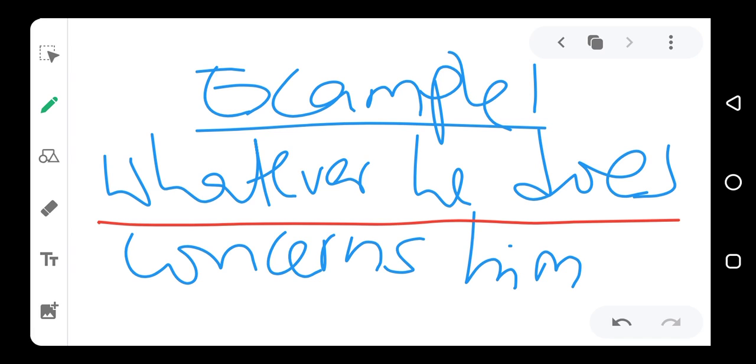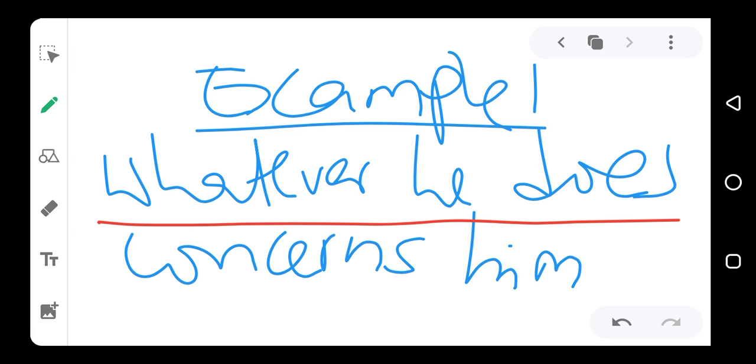So looking at the words, it has he, which is a subject, and does, which is a verb. So it is a clause, and because it is being introduced by whatever, which is a marker for noun clause, we now suspect that it is a noun clause.